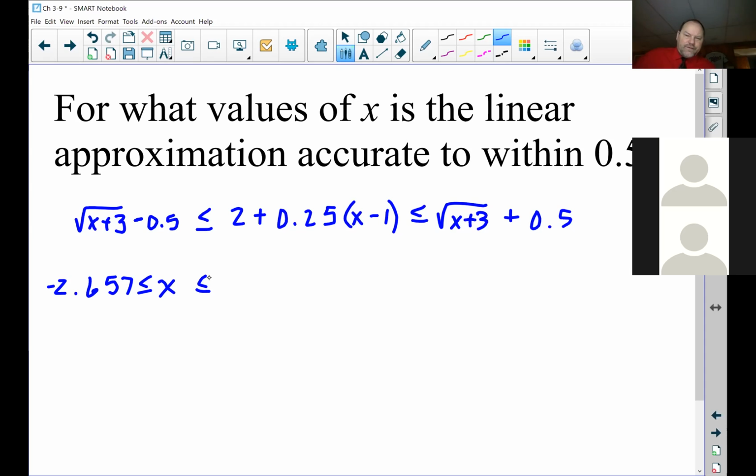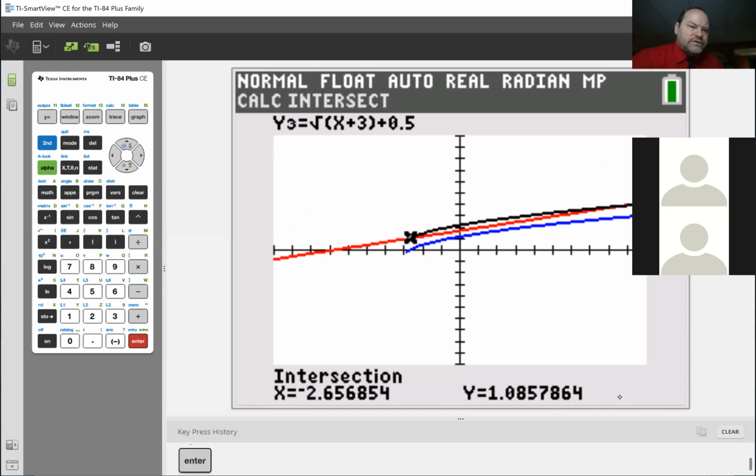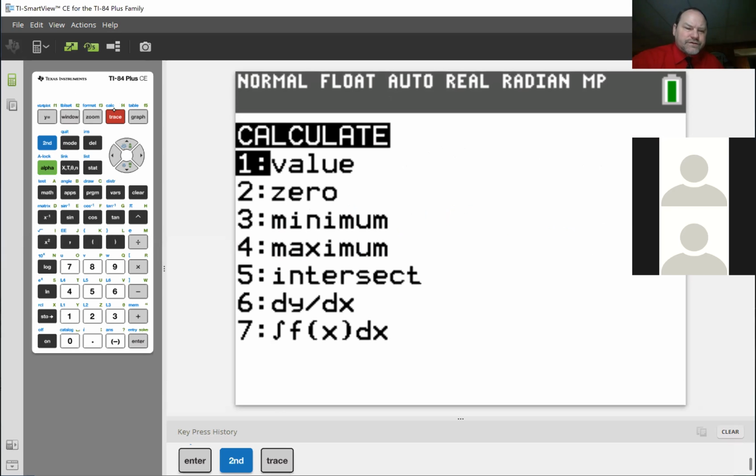And now we'll find that other point of intersection the same way. So second trace, intersect.